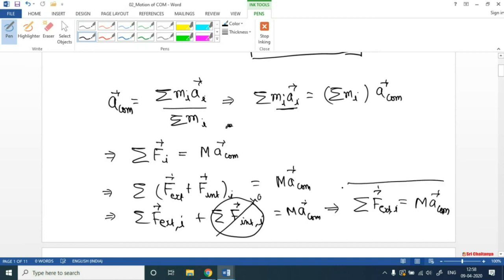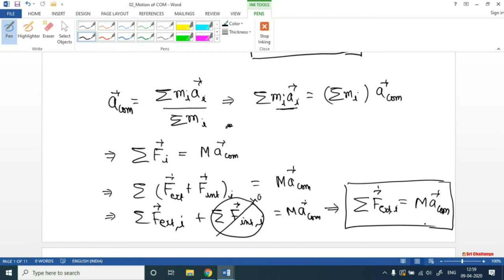This is a very, very important relationship, because when we discuss the dynamics of a rigid body, the motion might be very complicated. If we can find the net external force, we will definitely be able to tell the acceleration of center of mass.